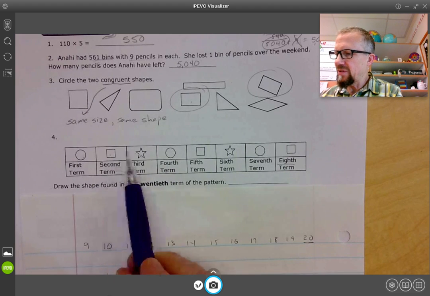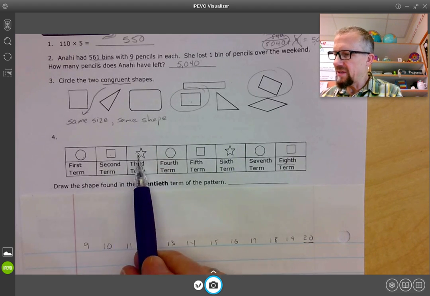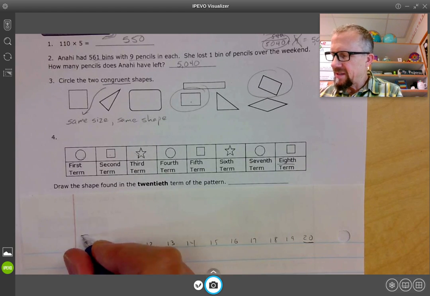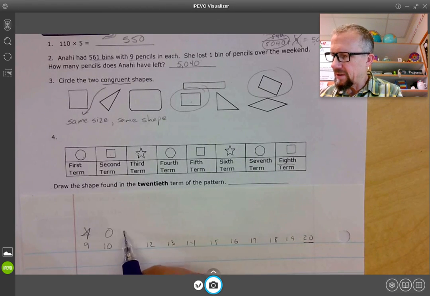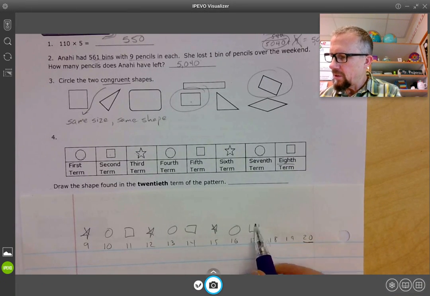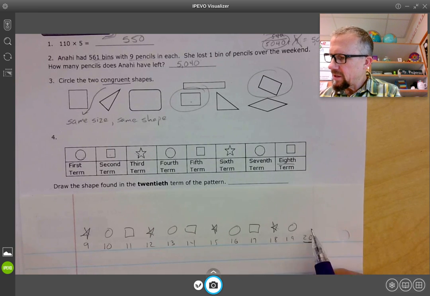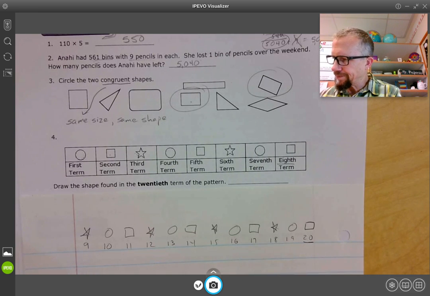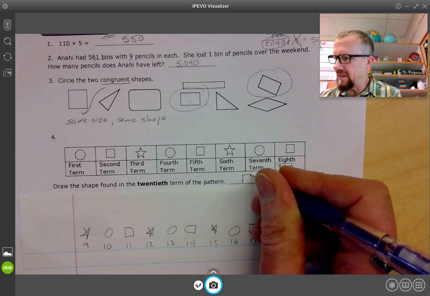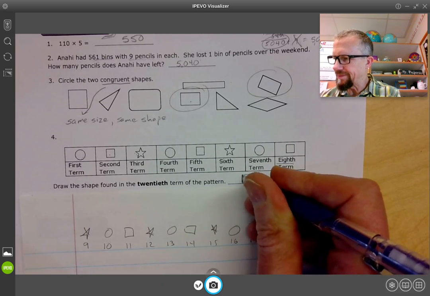So star, square, circle, star, square, circle, continuing the repeating pattern. So it looks like a square. The 20th one is a square.